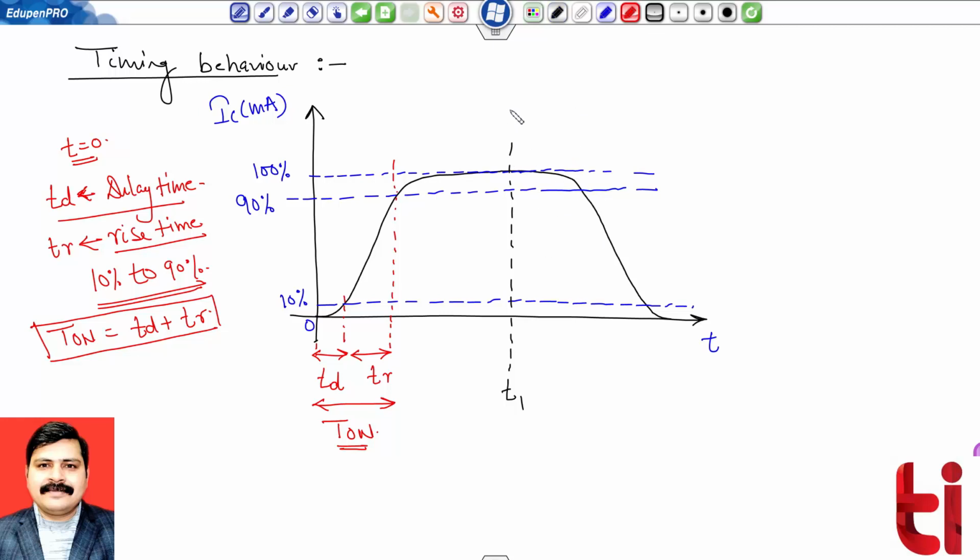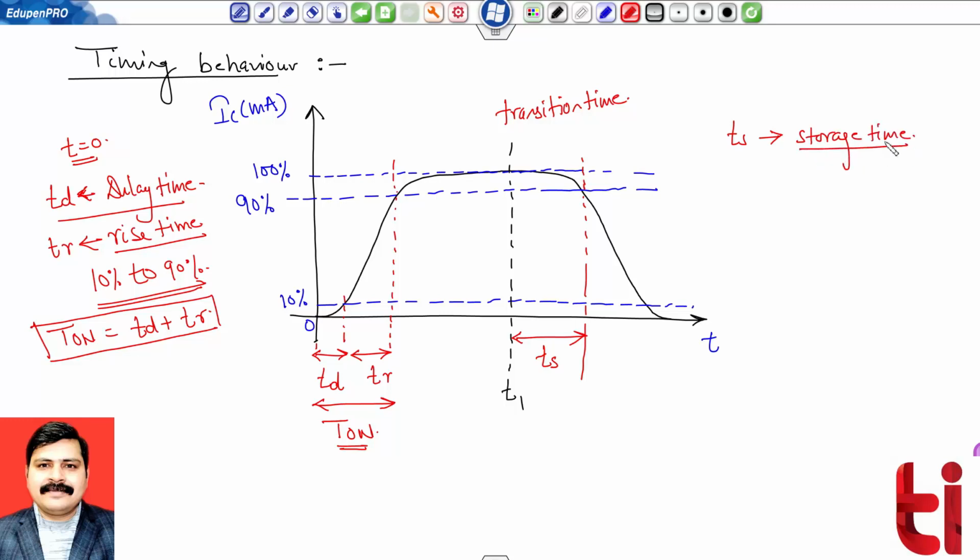So T1 is a transition time. And I'm having another time, which is termed as TS, the storage time. So TS is my storage time.